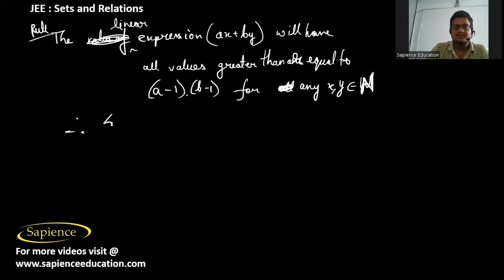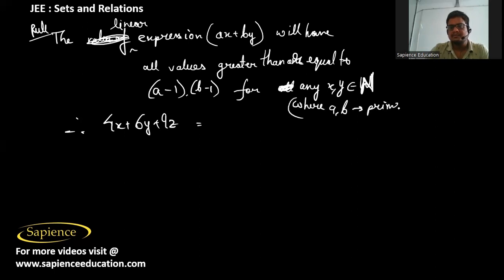So this 4x plus 6y plus 9z can be written as 4x plus 3 into 2y plus 3z.